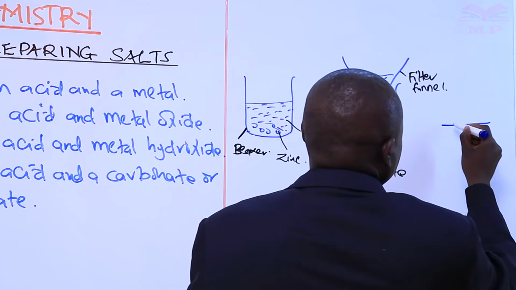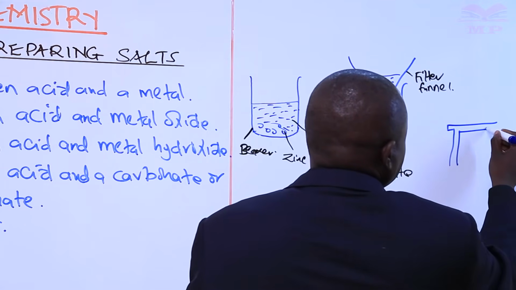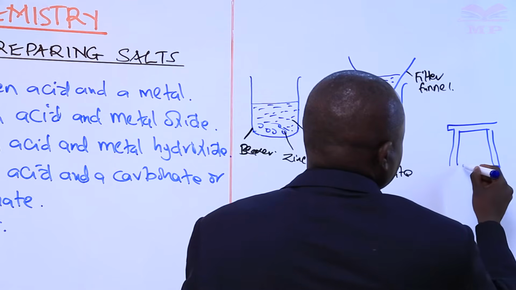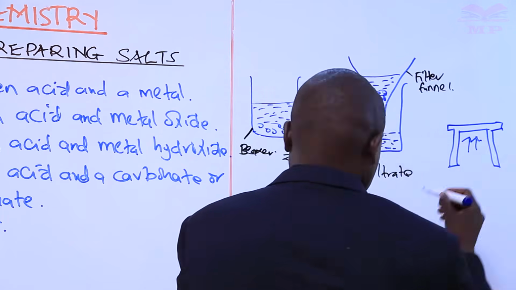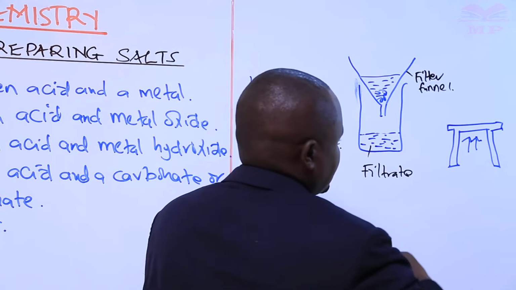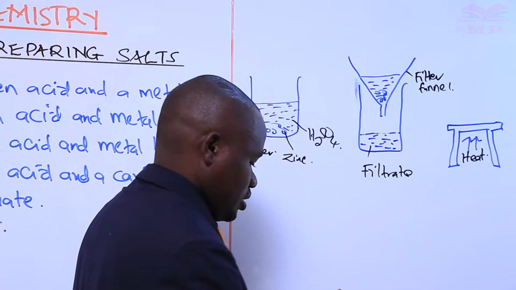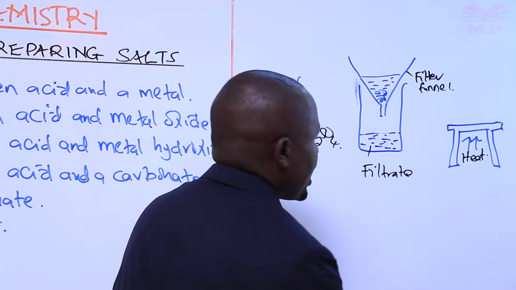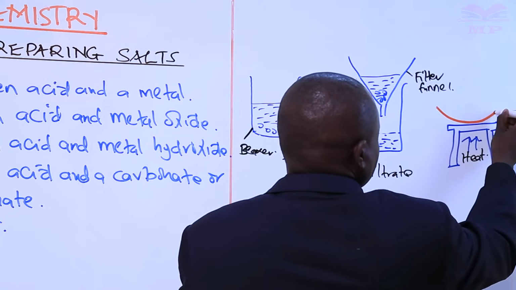So we shall need our source of heat, the usual one. We have a tripod stand, then we have the source of heat. So this is the source of heat, and then we shall put our evaporating dish here.